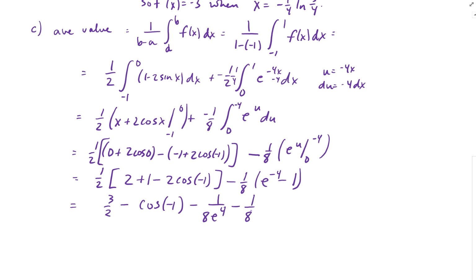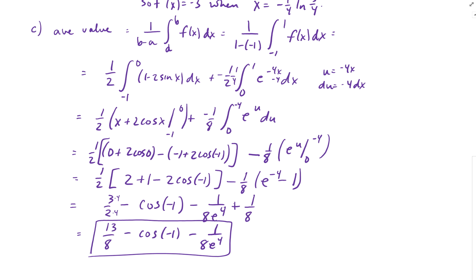And yeah, we can simplify this a little bit. 3/2 minus 1/8, times 4 times 4, so that's 12 minus 1 is, oh, this is a plus. Oops, sorry. 12 plus 1 is 13 over 8 minus cosine of negative 1 minus 1 over 8 e to the fourth. Easy to make a little sign mistake like that one right there.